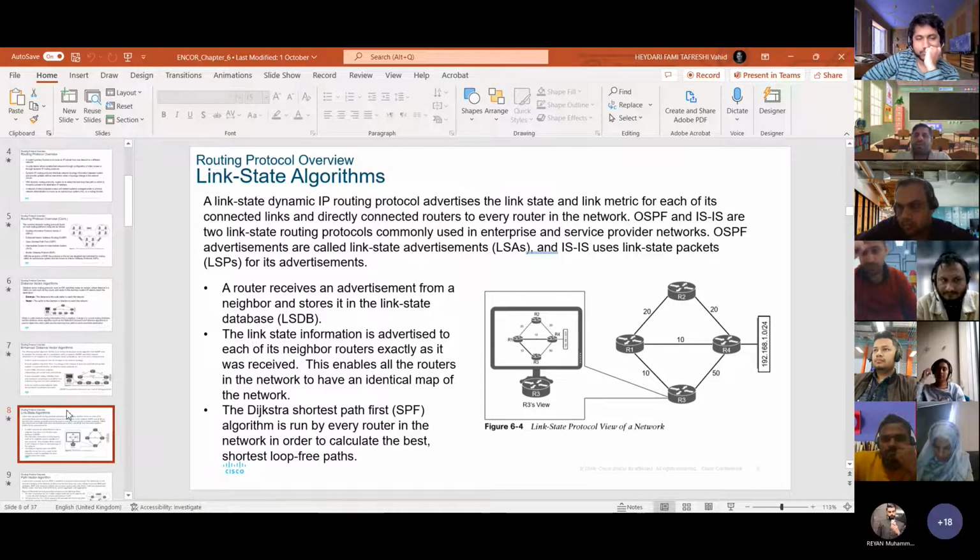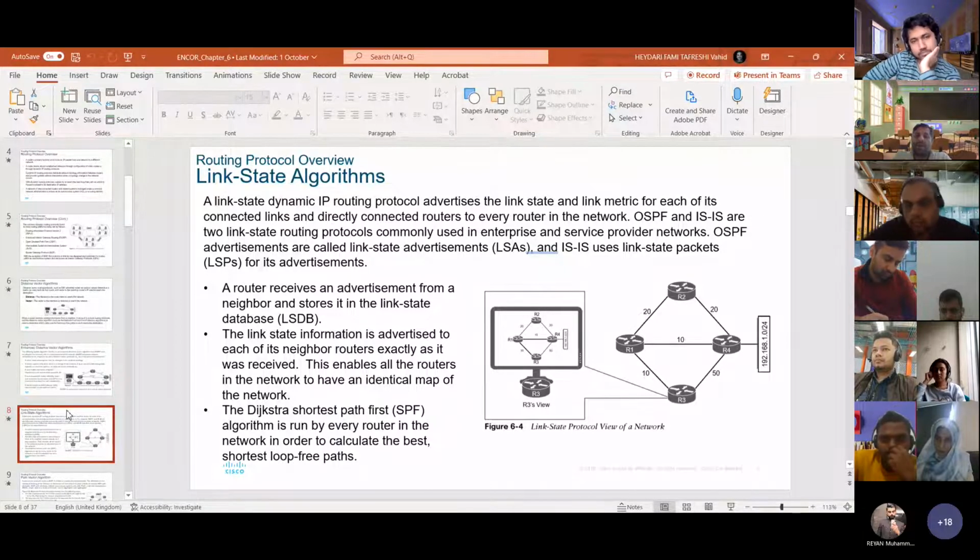So the next step is that all these routers, now that they have filled up their local database with the entire view of the network, are going to run what we know as Dijkstra's algorithm. On each router, we run Dijkstra on its local database.